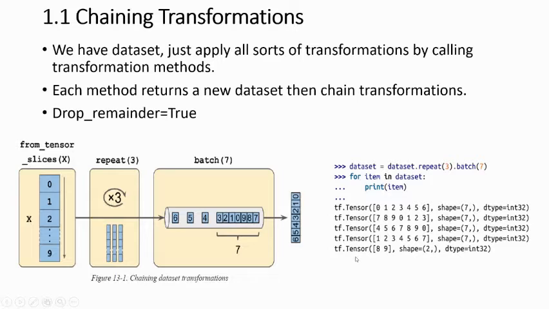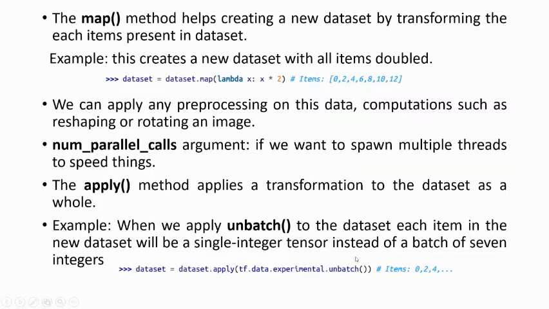Okay. Now let's move on with the next transformation method, that is map. Map is a transformation method which creates a new data set by transforming each item present in the data set. We already created the value of x earlier, the range of values from 0 to 9.